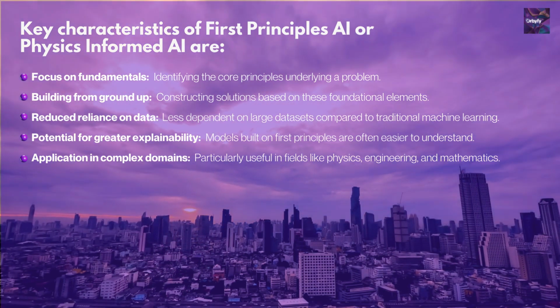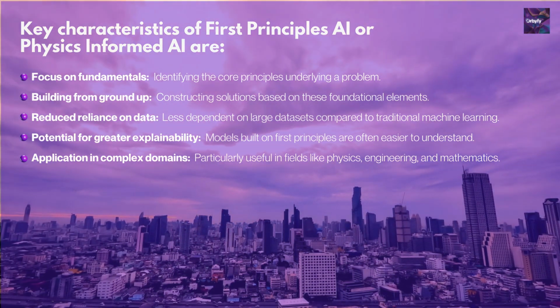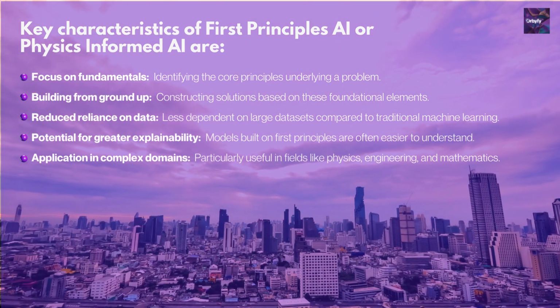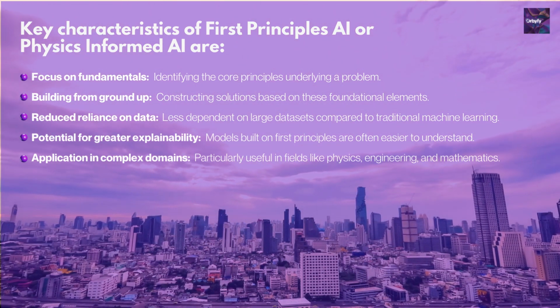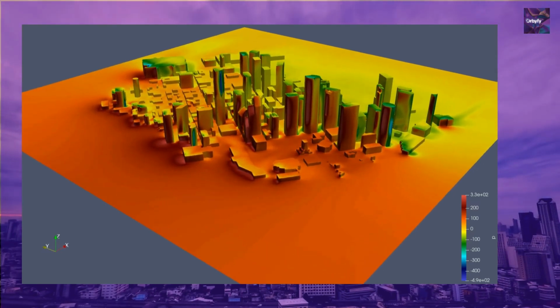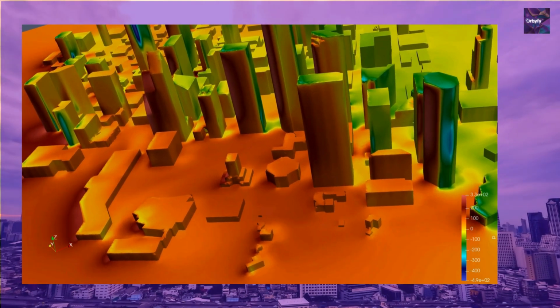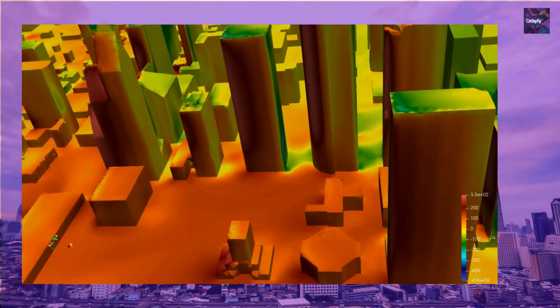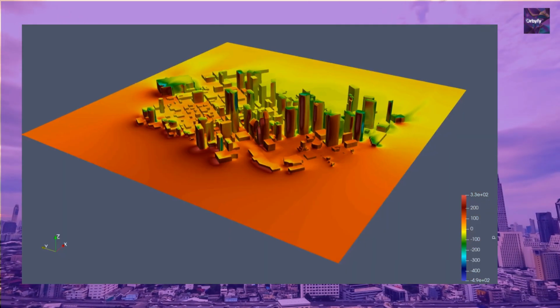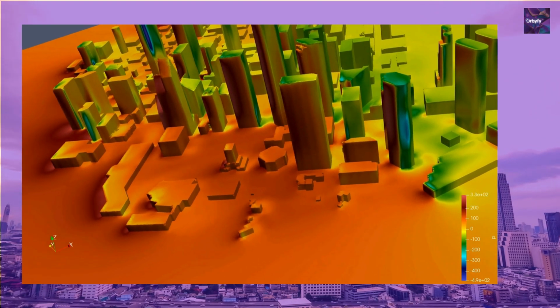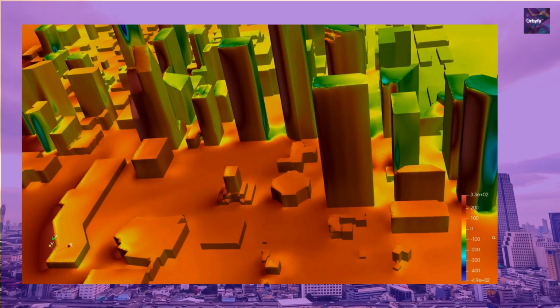So again, it's useful for complex problems, as we see in the world of climate risks and modeling those climate risks. And of course, for modeling the impacts and damages from climate, this becomes incredibly important, using the physics of natural phenomena, which are governed by the conservation of mass, the conservation of momentum, and the conservation of energy.